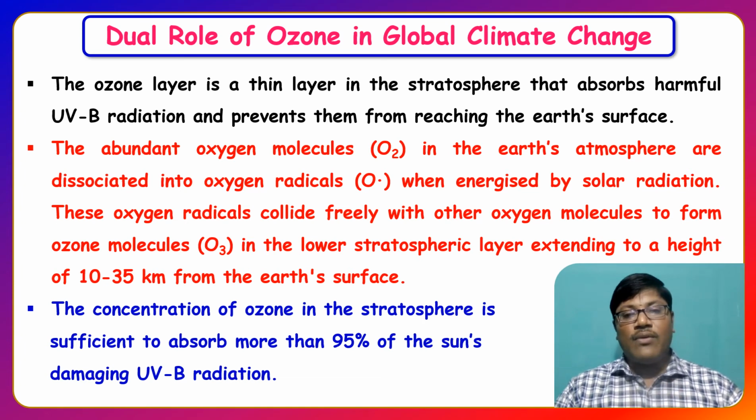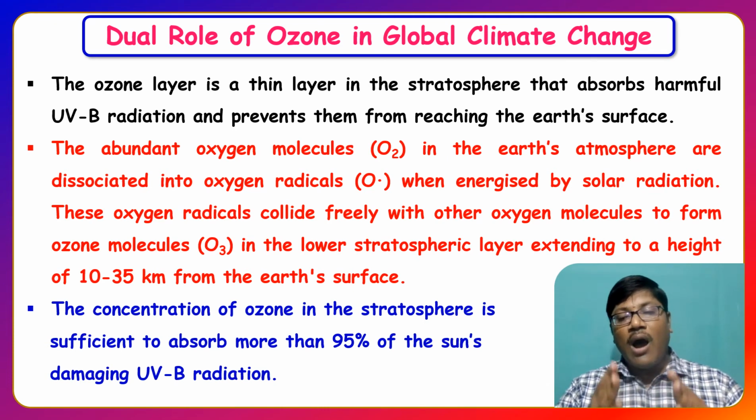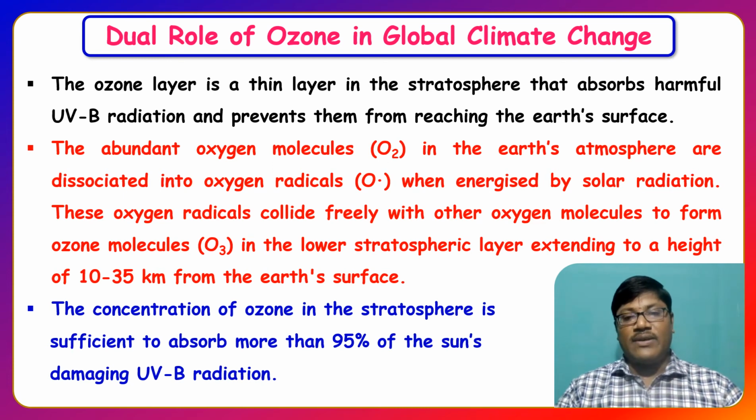Dual nature of ozone in global climate change. The ozone layer is a thin layer in the stratosphere region of Earth's atmosphere that absorbs harmful ultraviolet radiation, in particular UVB radiation, and prevents it from reaching the Earth's surface.